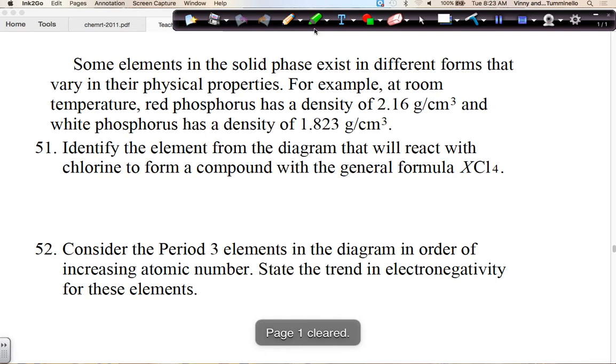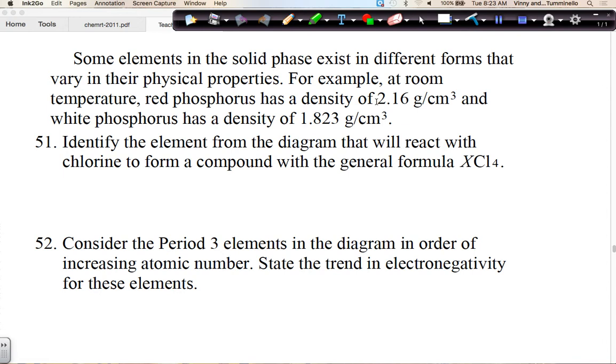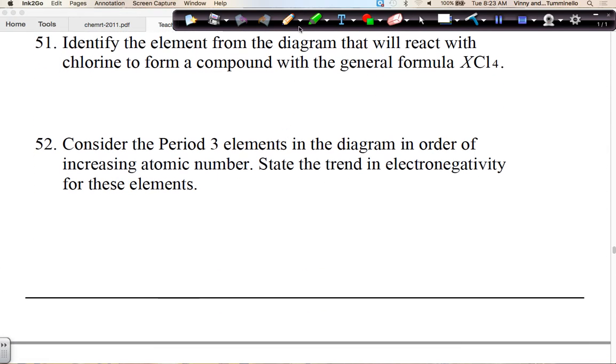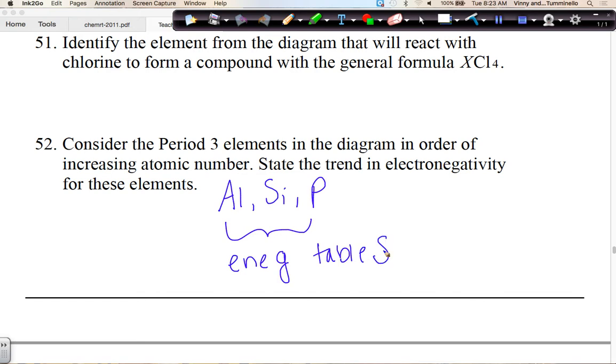It says consider the period 3 elements in order of increasing atomic number. Period 3 elements, what they're talking about, would be aluminum, silicon, and phosphorus. We're going to look up the electronegativity values on table S for aluminum, silicon, and phosphorus.